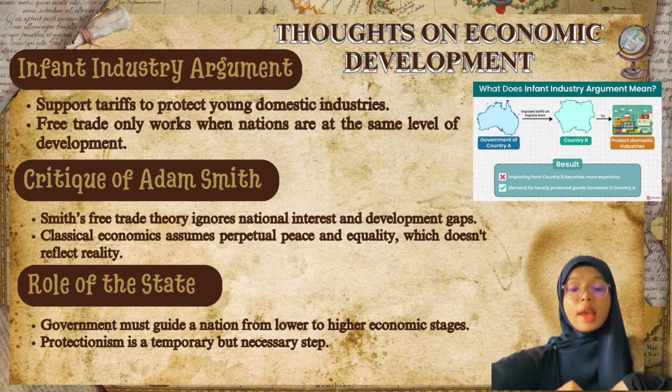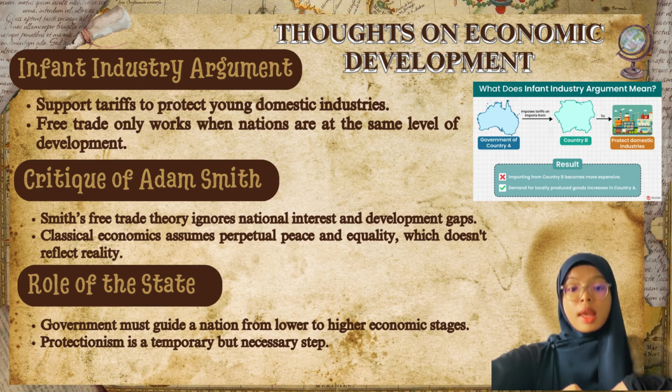Continuing with List's economic thought, he strongly supported the infant industry argument, which means using tariffs to protect young domestic industries until they are ready to compete globally. He argued that free trade only benefits nations at the same development level, which isn't always the case. He also criticized Adam Smith, pointing out that Smith's free trade theory ignores national interests and the gaps between developed and developing countries.